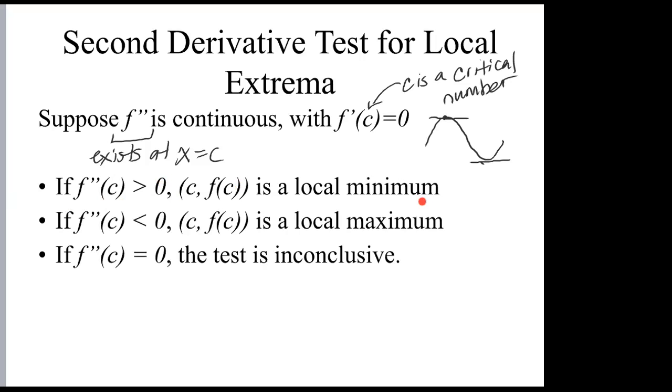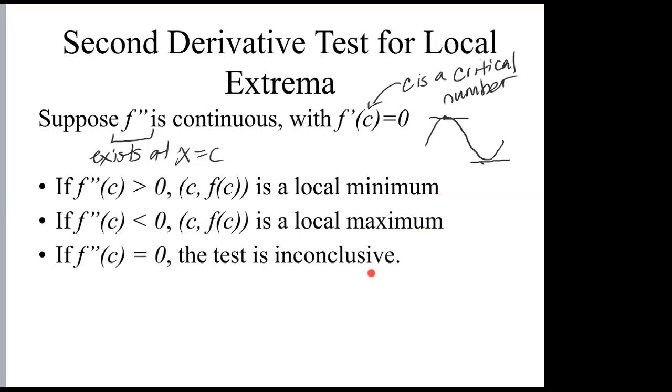Similarly, if the second derivative evaluated at that critical point c is negative, less than 0, then this point c, f of c, is a local maximum. If I happen to get the case where the second derivative evaluated at the critical point is equal to 0, then I am out of luck. The test did not tell me anything.